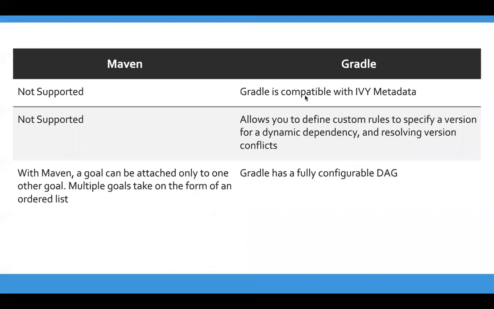And Gradle provides support for Ivy metadata also, and we can provide custom rules for specifying a version of the dependency and resolving the conflict. So Gradle provides so much configurability and customizability. That's why it's called a very custom and powerful build tool compared to Maven.